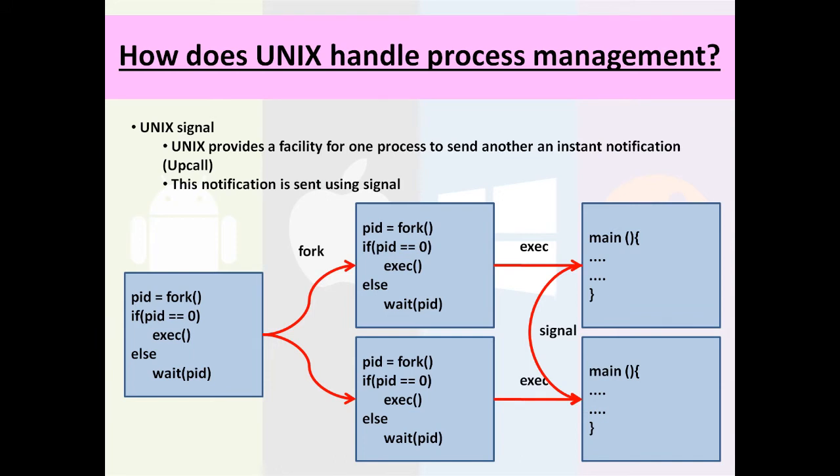Lastly, we have Unix signal, and this is going back to those upcalls that we were talking about. Unix provides a facility for one process to send another an instant notification. You remember when we were talking about uses for upcalls, there was inter-process communication. Well, this is it in action.